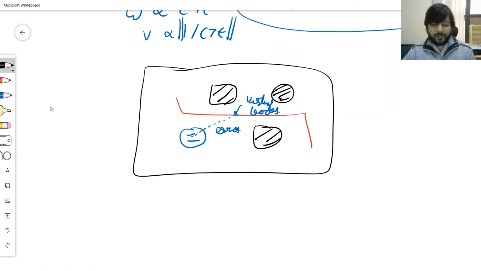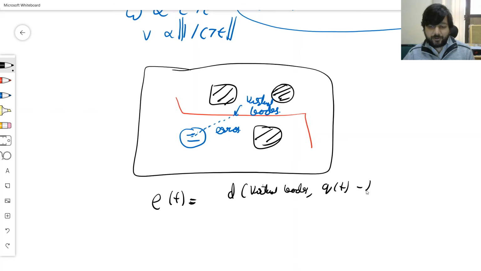So let's write down the same modeling again. My error is, let's go v first and then omega. So distance between the virtual leader and my current position, and this is theta e, where theta e is the angle between virtual leader and myself minus my current angle.